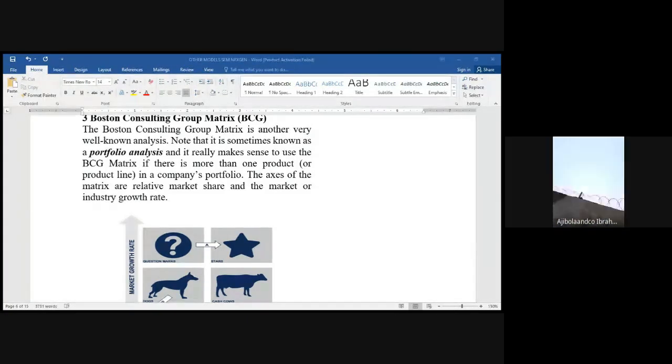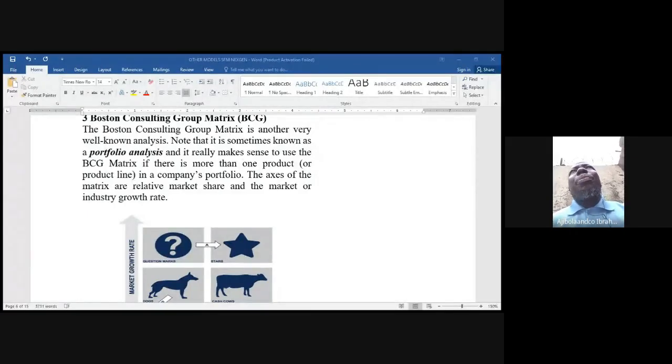Notwithstanding, the matrix does not have 100% purity. There's still some fault, but at least it's one of the best, if not the best, models for any entity or company that has more than one product, product line, or service line. If you have more than one thing, the best one to use is the Boston Consulting Group matrix.